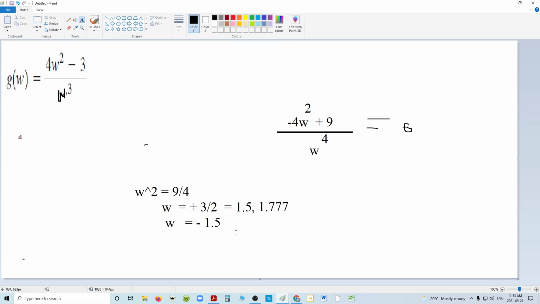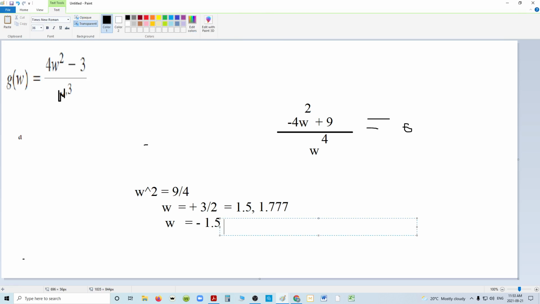And I believe for the other point, the only difference is it'll be negative. Yeah.